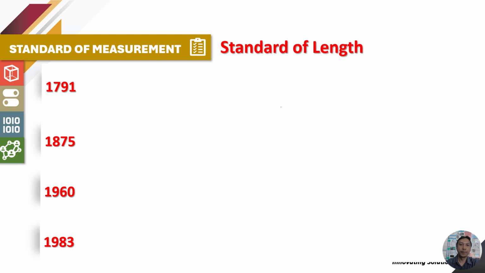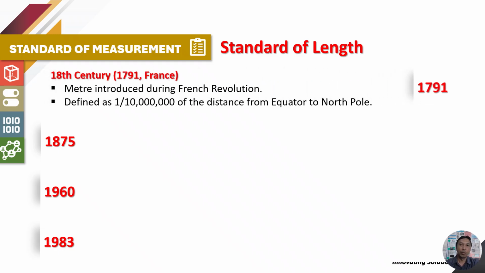Standard of length. The definition of a meter has changed over time to become more accurate. In the 18th century, it was first introduced in France and defined as one ten-millionth of the distance from the equator to the North Pole.